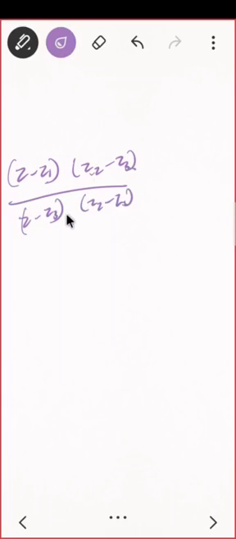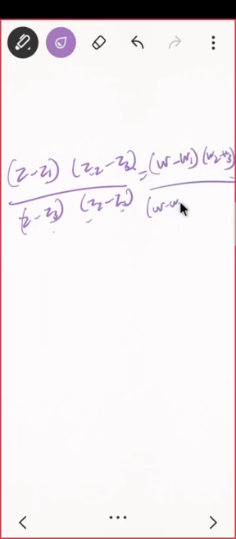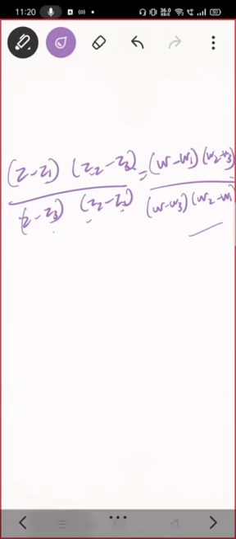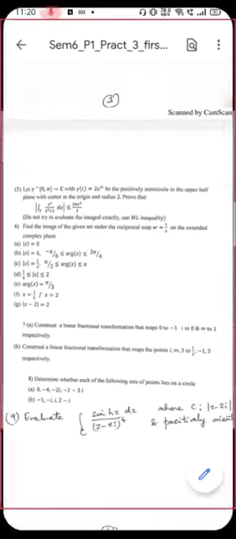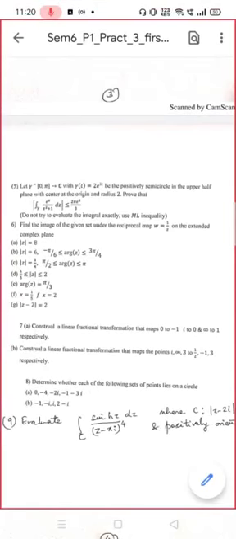Remember it as 1 2 3, 3 2 1. Same here: w minus w1 into w2 minus w3 upon w minus w3 into w2 minus w1. That's it. Correct? Okay, that is done. What else?